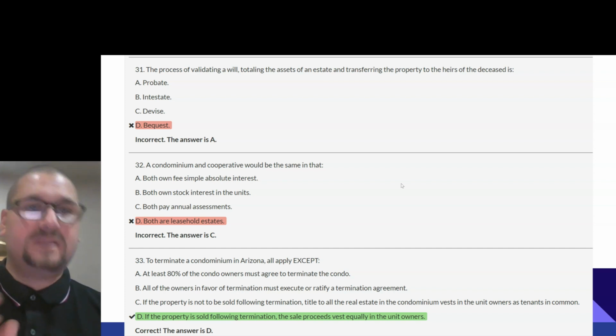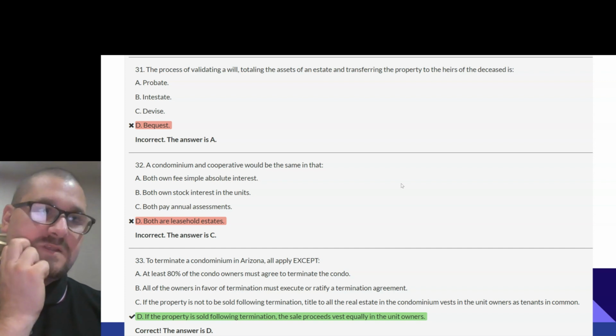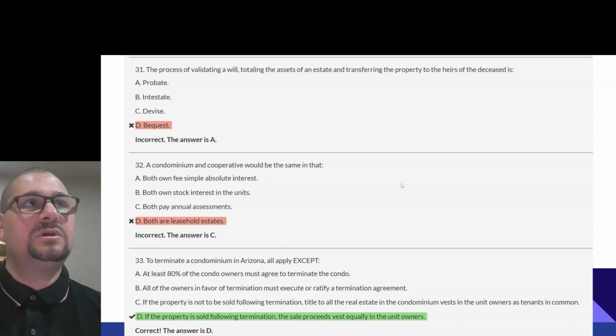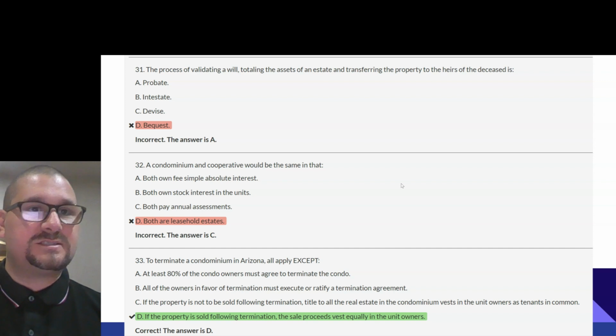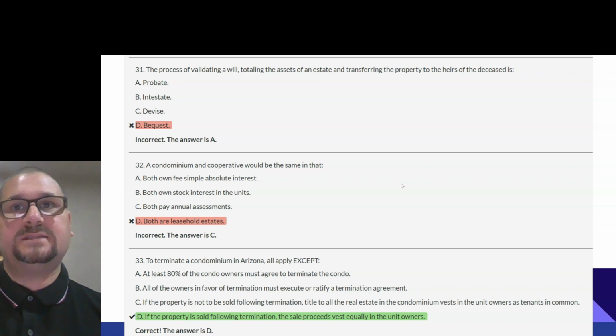The process of validating that will is called probate. You're going to read it and figure out what the property is and who it conveys to. You're validating the will, and it totals the assets of an estate and transfers the property to the heirs of the deceased. That process is called probate.